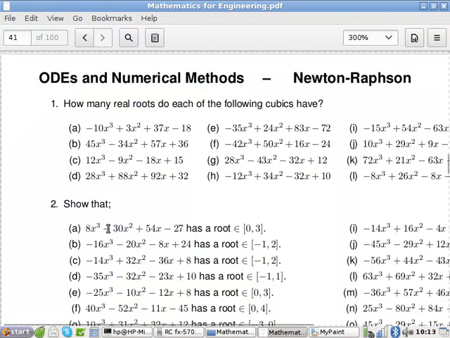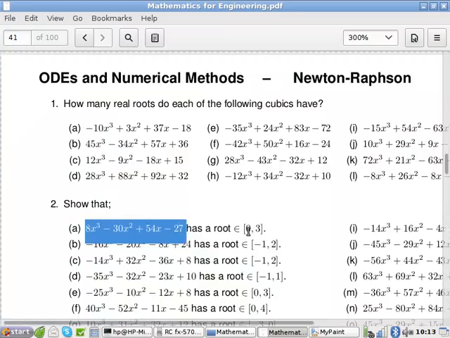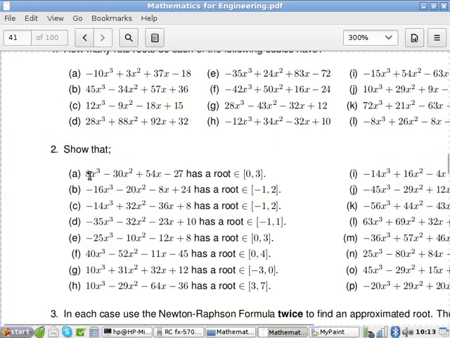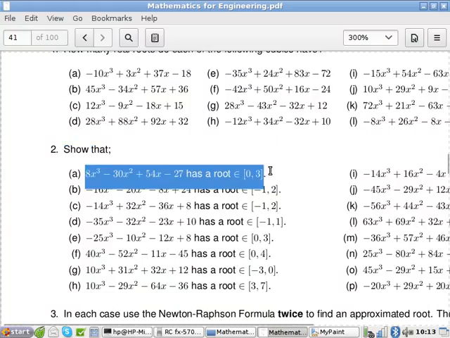I want to show that there is a root between 0 and 3, for example. So if you can write this one: show that this cubic has a root between 0 and 3.